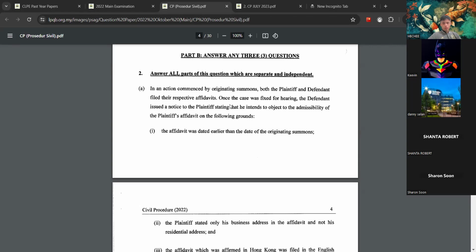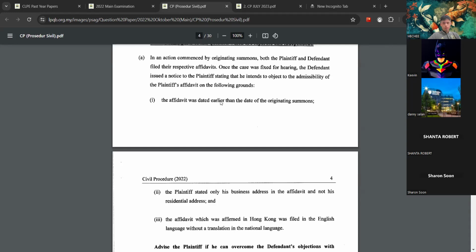Once the case was fixed for hearing, the defendant issued a notice to the plaintiff stating he intends to object to the admissibility of the affidavit on the following grounds. First, the affidavit was filed earlier than the originating summons. Is there a case that allowed this? Can anyone tell me the case?